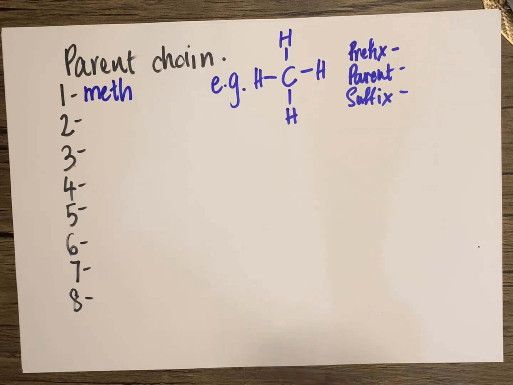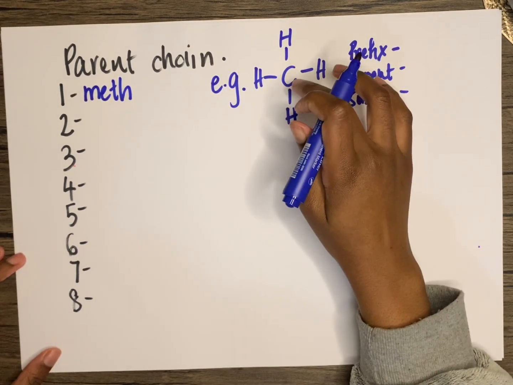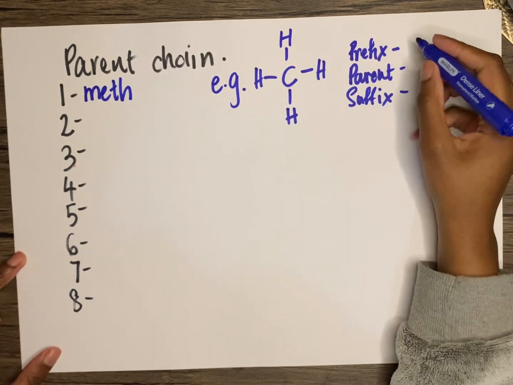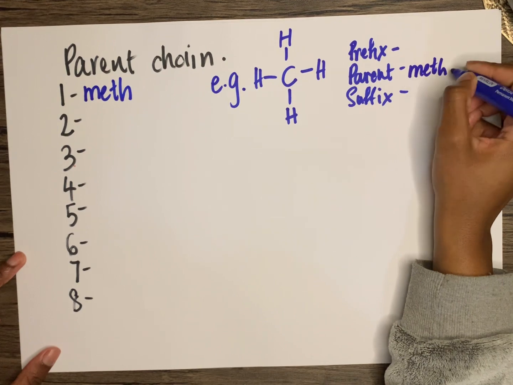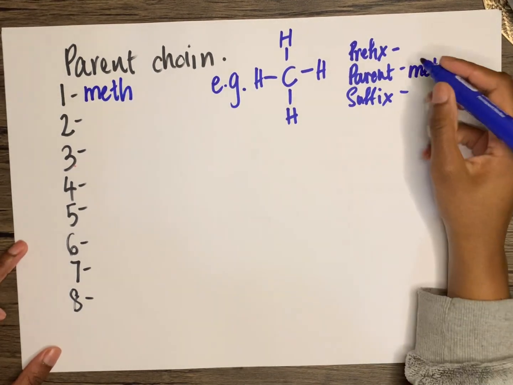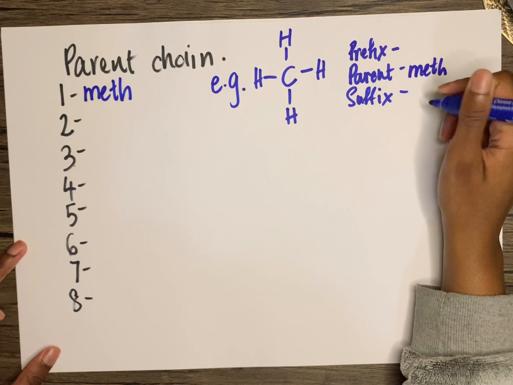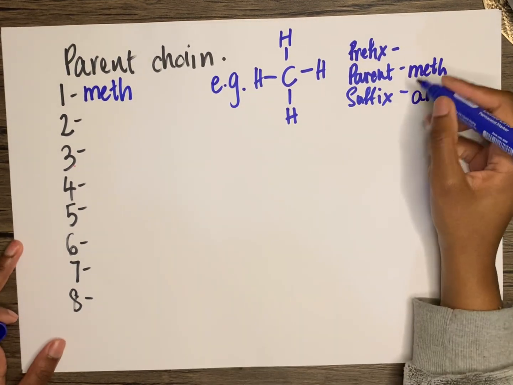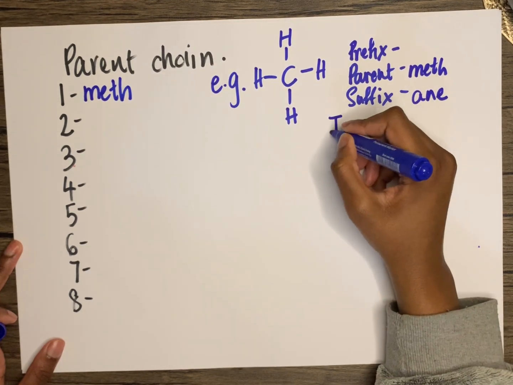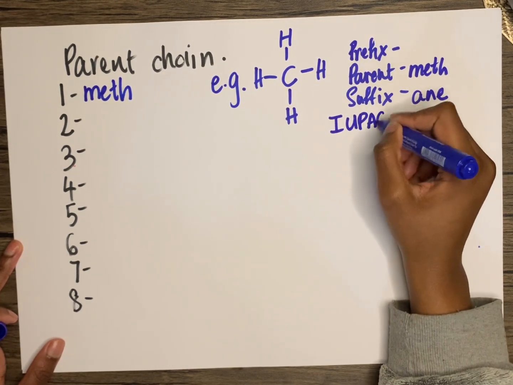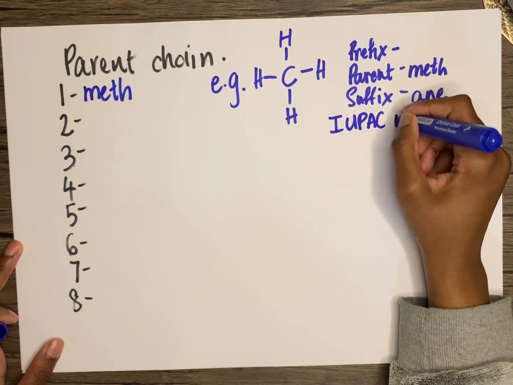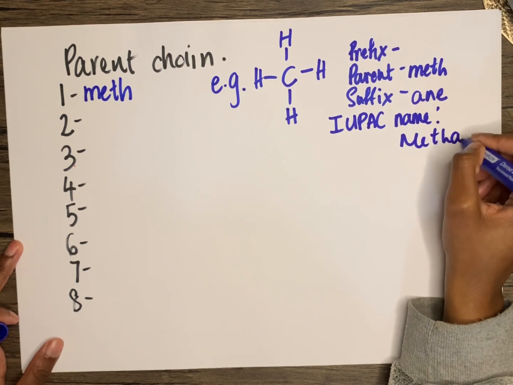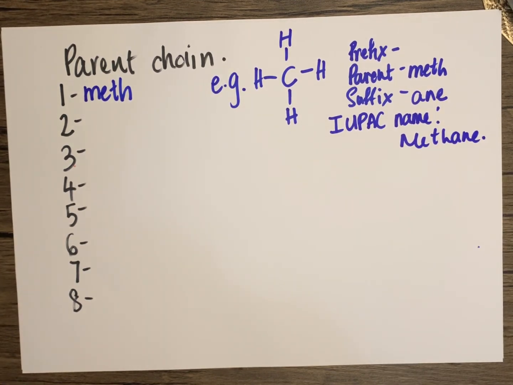So if I'm naming the parent, I count how many carbons I have in my longest chain. So if I have 1, then we say the parent is meth, the name of the parent chain, and the suffix is ane, right? So we can have what we call, in this instance, the IUPAC name. It is going to be methane, right?